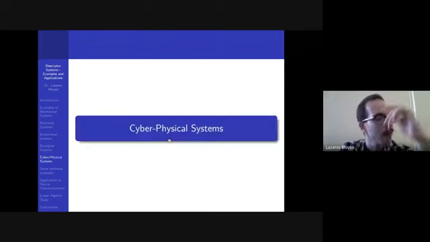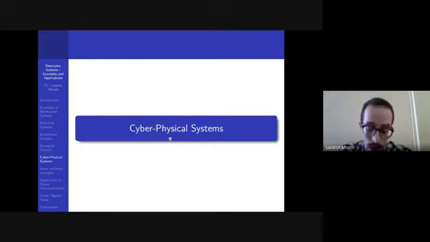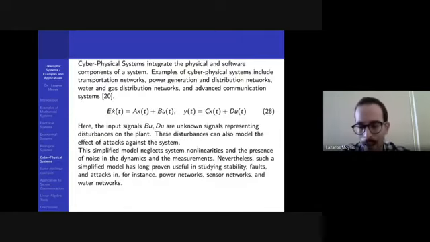Next example, cyber-physical systems. Of course, this is a case I'm very unfamiliar with. Now, cyber-physical systems, if you haven't heard of them, are a very hot topic of discussion, especially among programmers and among engineers. They refer generally to transportation networks, power generation, distribution networks, water and gas distribution networks, or communication networks.